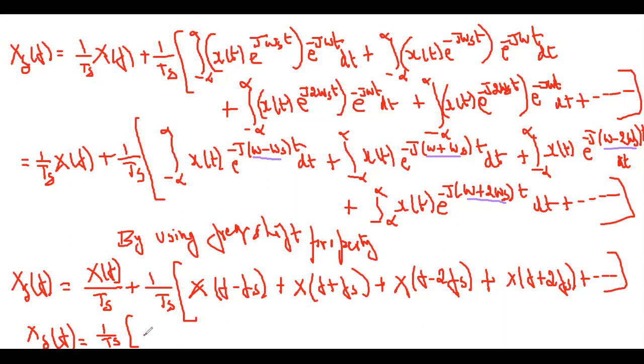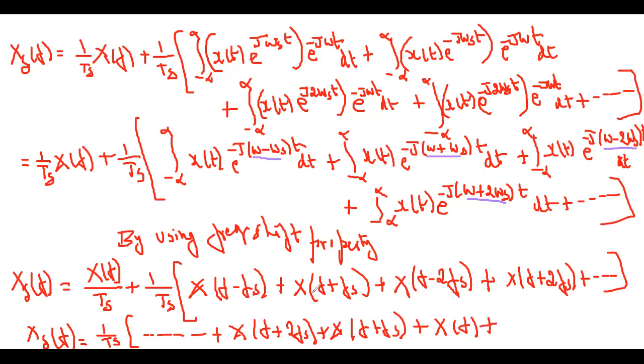So on, for n, I am taking this as so on, plus X of f plus 2fs plus X of f plus fs plus X of f plus X of f minus fs plus X of f minus 2fs and so on.